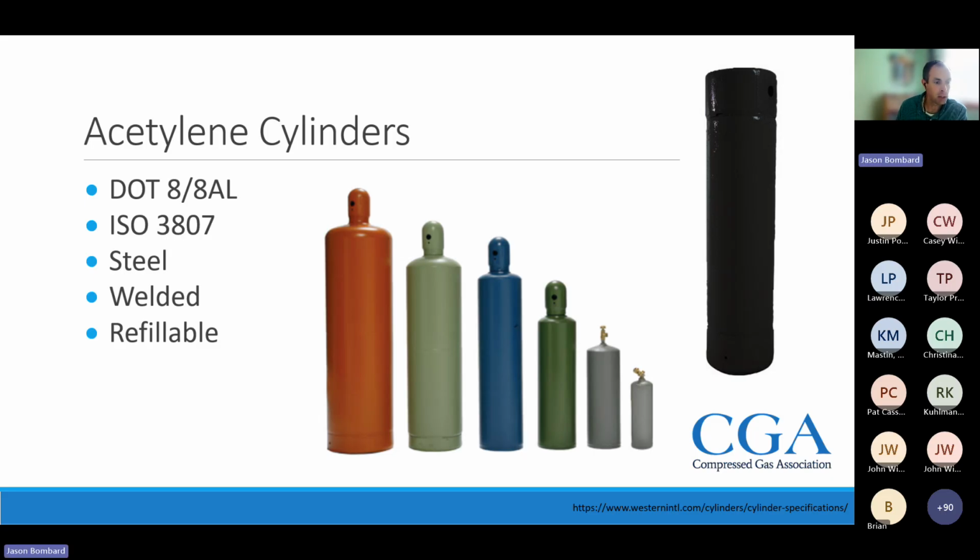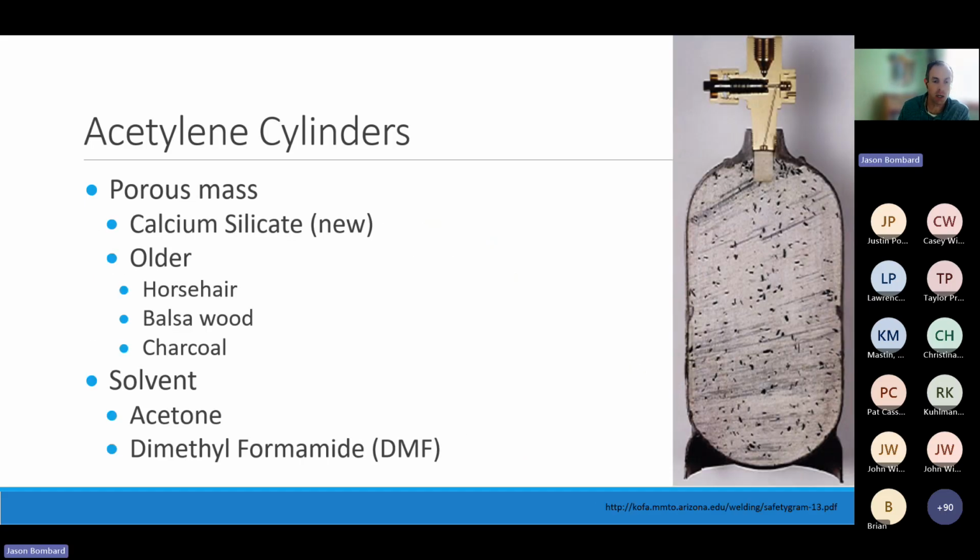What makes them special is that they are filled with a porous mass. So the typical mass now is made out of a calcium silicate. It looks like concrete, but it's very, very porous. If you filled it up with water, it's about 92% porous is the typical standard for this.